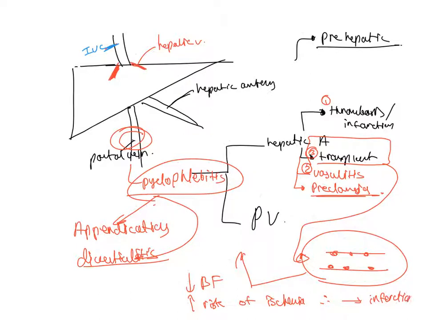What sort of infarction do we have in the liver? Pale or red? Obviously red. Dual blood supply, so can't be pale. What are the organs that cause pale infarction? Yes, you're right. It is kidney and the heart.